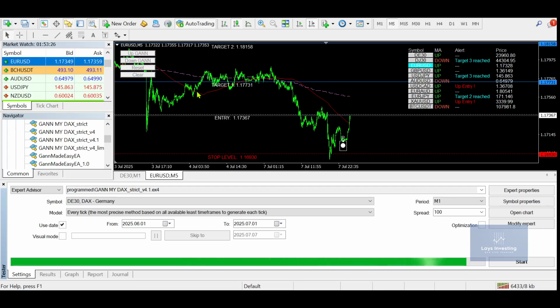Stop loss 50 points. There's a parameter to delay the interval, to have an interval between trades, because if you're using prop firms, or sometimes regular brokers, if you open too frequent trades, they say you are a high frequency trader, and your account may be closed.